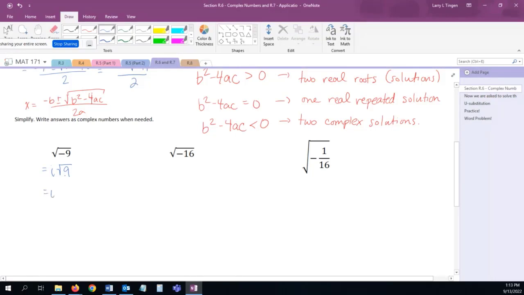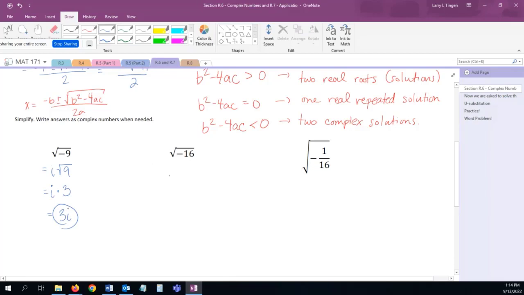Continue work though, because you're not done. The square root of 9 is 3. I don't have to consider positive and negative because I didn't take the square root of 2 sides of an equation, right? This is just one side. Whenever you write a complex number, unless you've got a root involved, the i typically goes at the end.